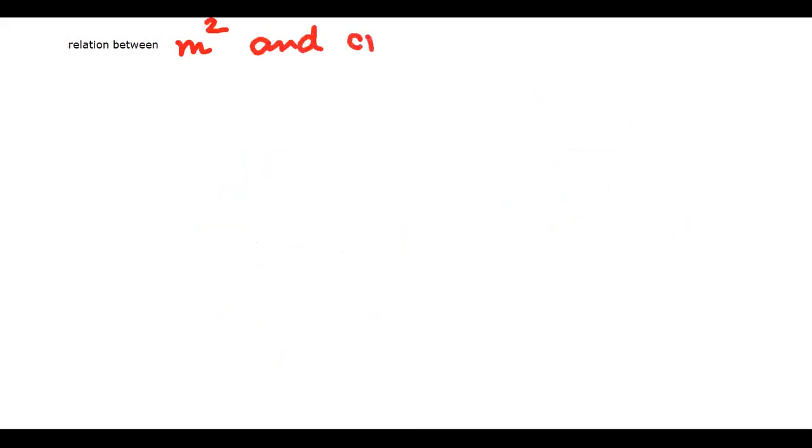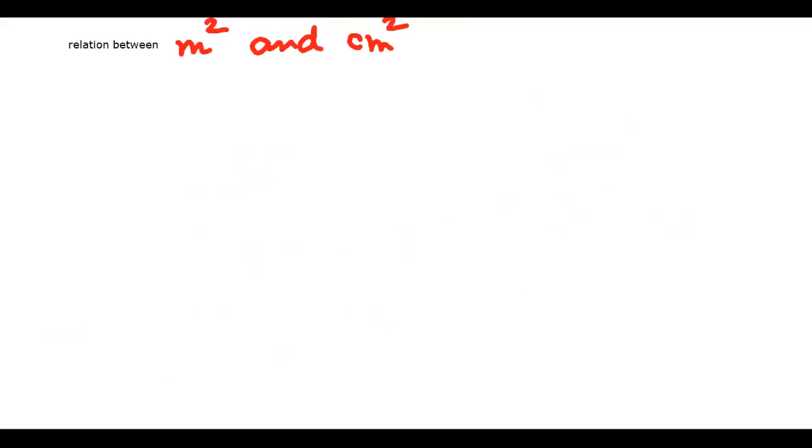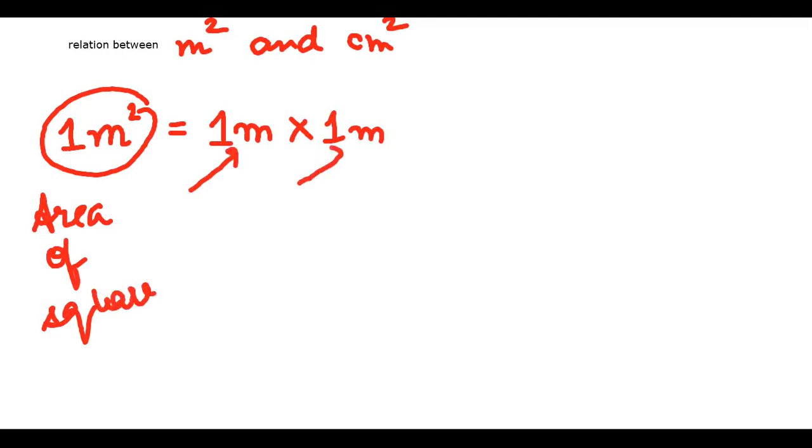First of all, we will write that 1 meter square is equal to 1 meter multiplied by 1 meter. 1 meter square is the area of a square whose each side is 1 meter.